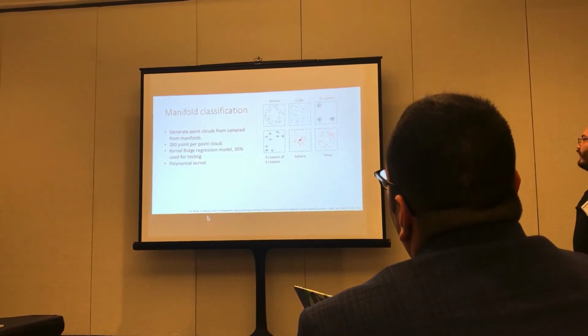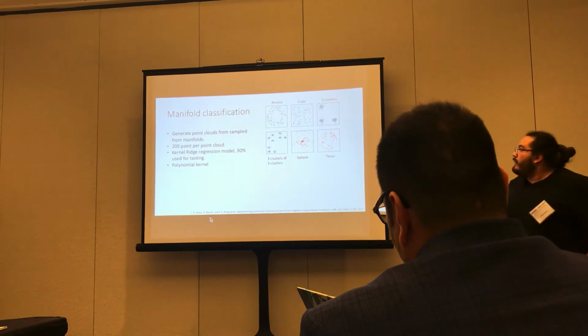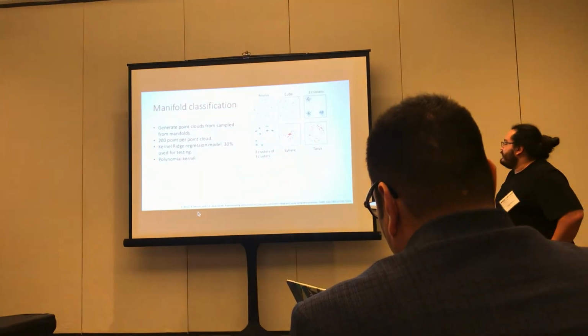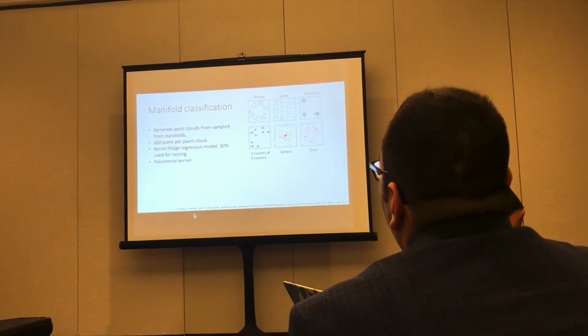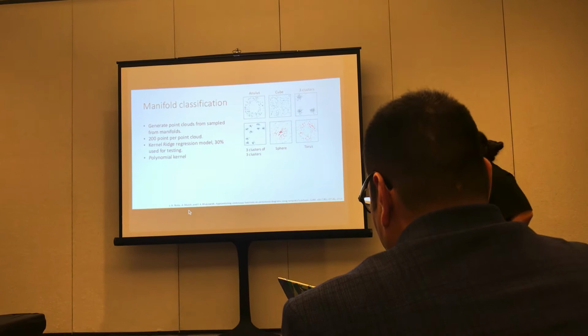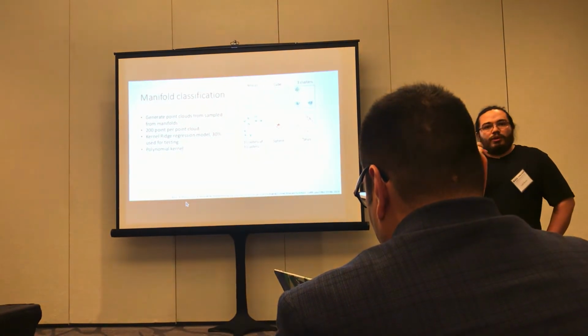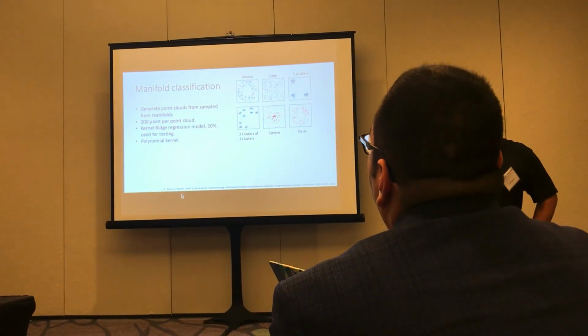The first one that we have is a manifold classification problem, and this is a synthetic example. What we're doing is taking six different manifolds: an annulus, a cube, three clusters, two clusters, a sphere, and a torus. We generate samples of 200 points around these manifolds, and then we generate multiple samples of those.